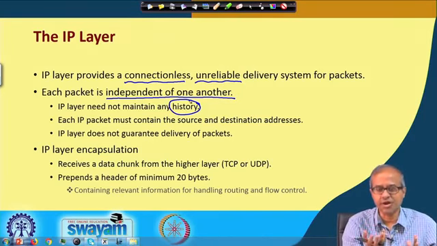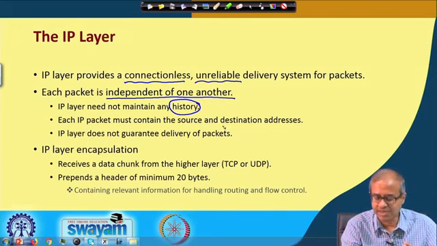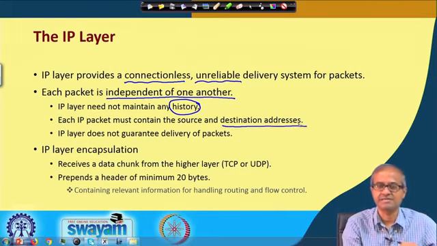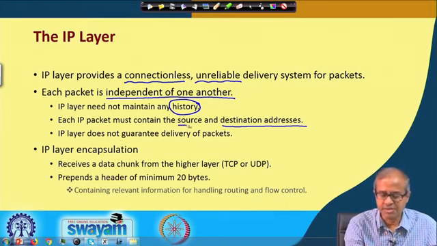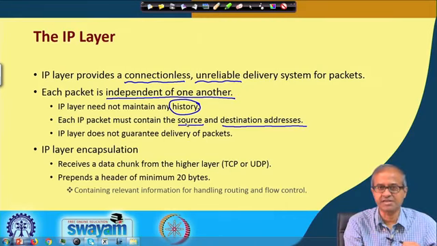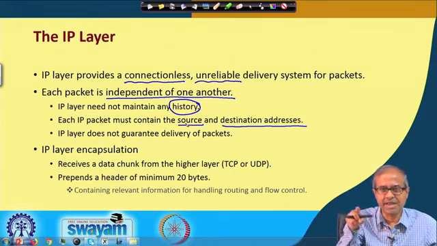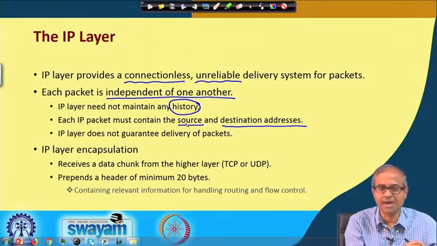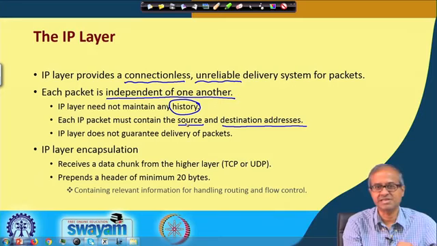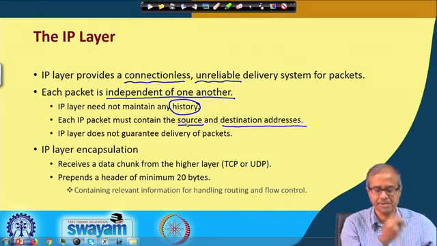For that, what is required? You need to provide the destination address, that must be there in the header, and it must also contain the source address, because sometimes some acknowledgement or some information needs to come back to the sender. That is why both source and destination address are included as part of the IP headers.